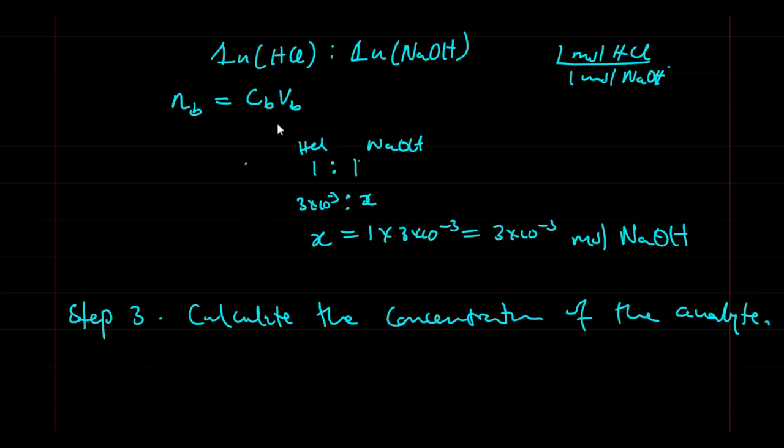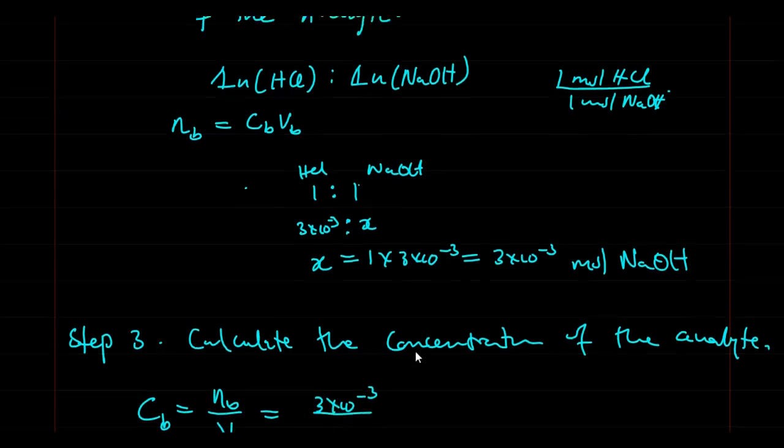From that formula we know that the concentration of the analyte, the concentration of the base, is equal to the number of moles of base divided by the volume of base. So NB is 3 times 10 to the power -3 divided by the volume of the base.